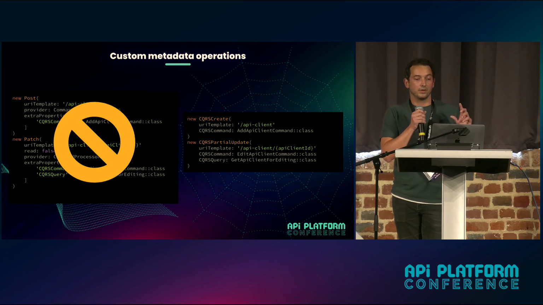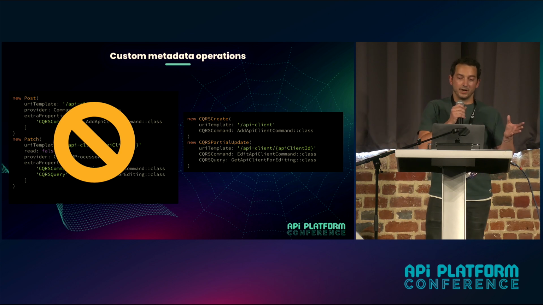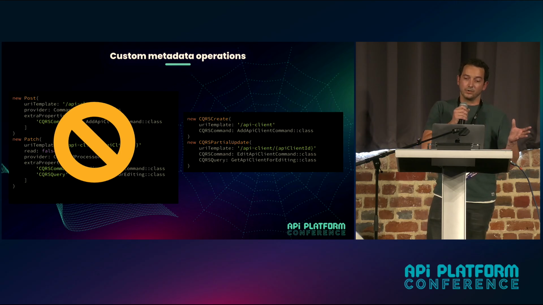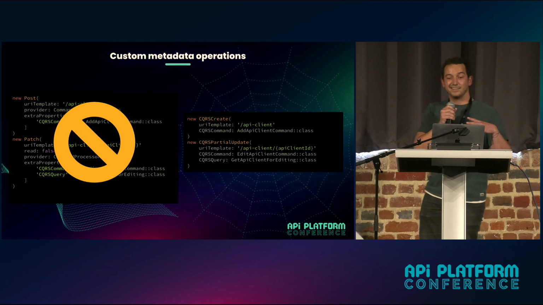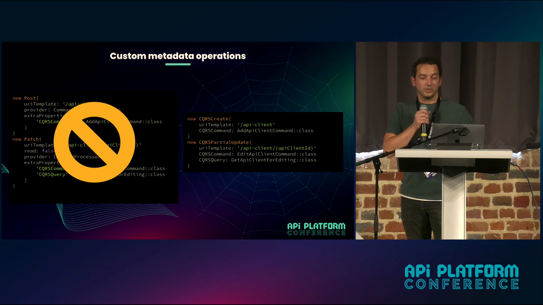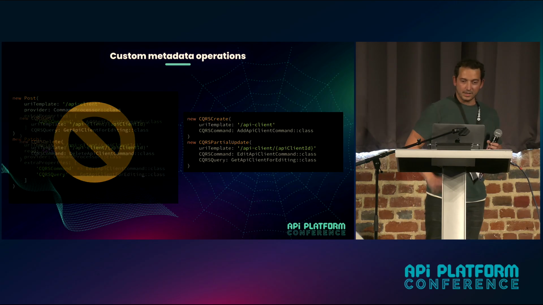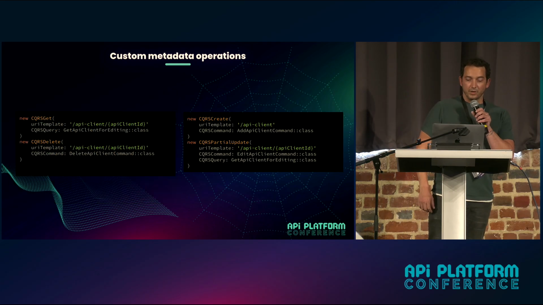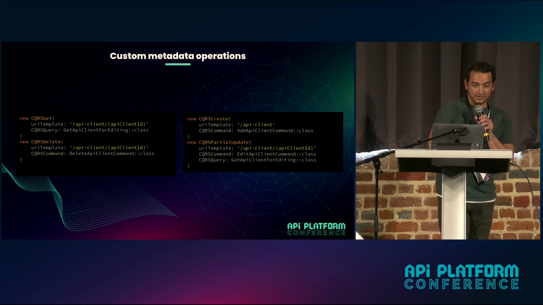And we emphasize the action of what it does, like the CQRS create actually does a post behind, the update does a patch, and this way the contributors who are not at ease with the REST API convention don't need to worry about it, and it's more explicit with this naming. And you can see the same principle for CQRS get and CQRS delete.